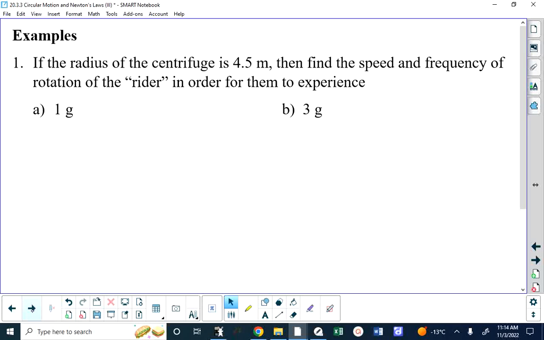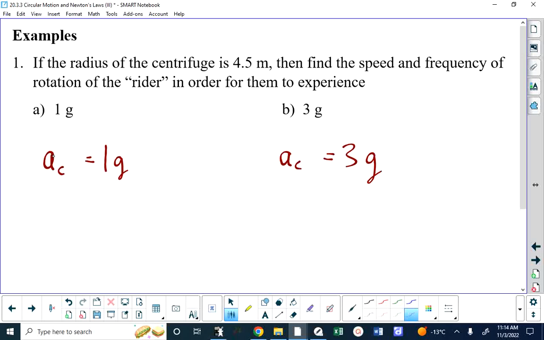If the radius of a centrifuge is 4.5 meters, what is the speed and frequency if you're going to experience 1 G? Well, all this means, everybody, is that the centripetal acceleration has to be equal to 1 G. Here, the centripetal acceleration has to be equal to 3 Gs. That's all it means. Now, I haven't answered the question.